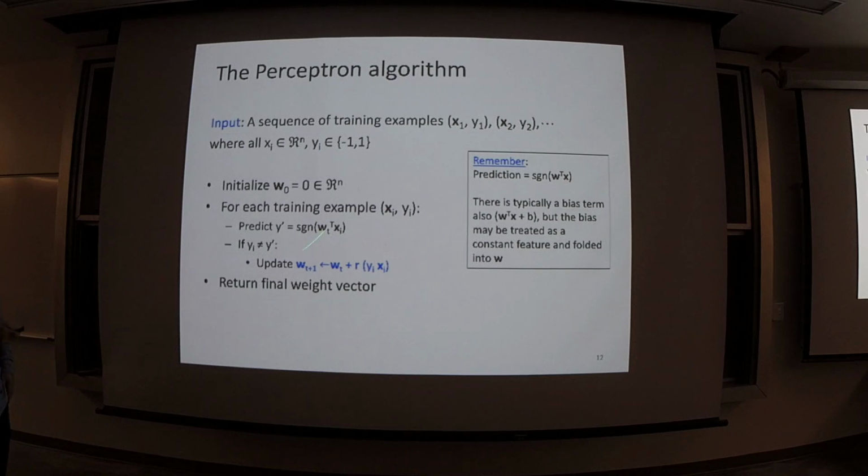So we do it again and again until we have gone through the whole data set for a designated number of times, or we have made the maximum number of iterations, whatever, under some stopping criterion, and then we return the final weight vector. That's the whole algorithmic framework for perceptron.